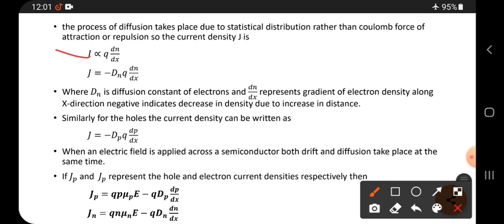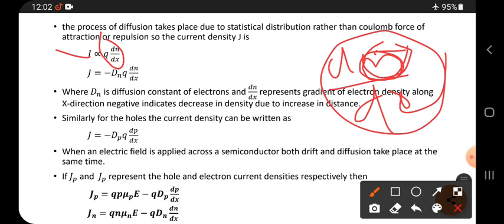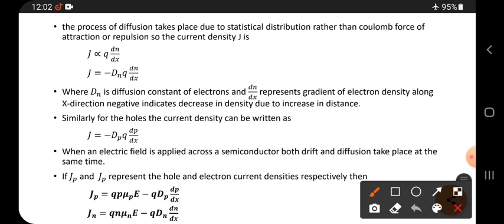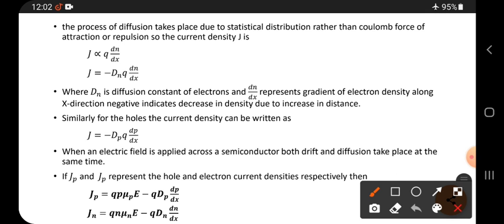So the current density is directly proportional to dN by dx, where N stands for electron. We call it the electron gradient. Here we remove the proportionality and attach one constant, Dn, where D stands for diffusion.